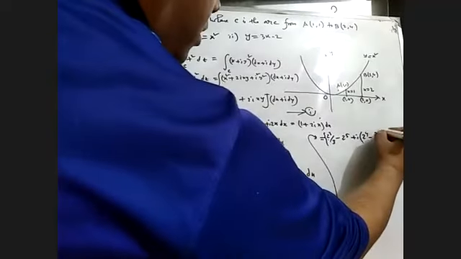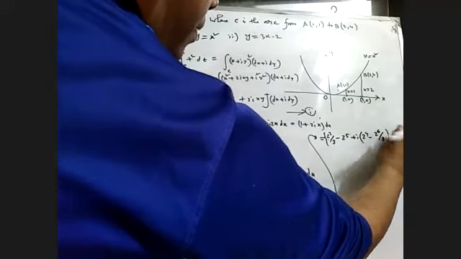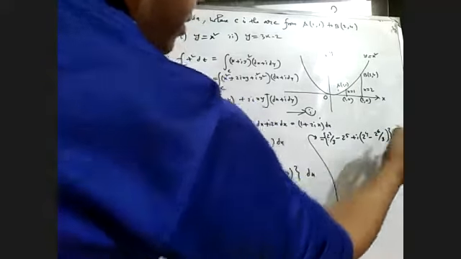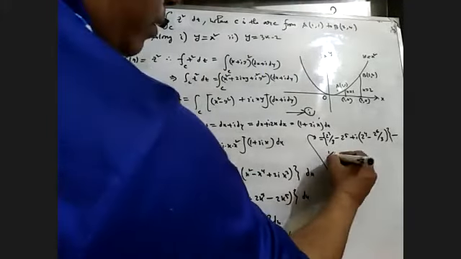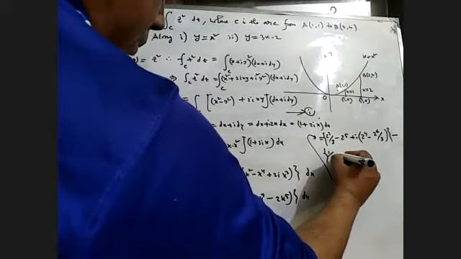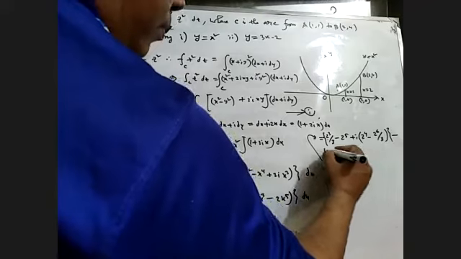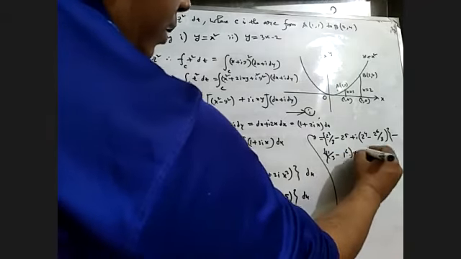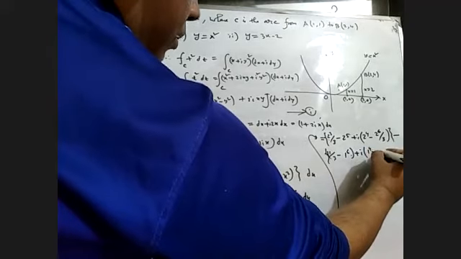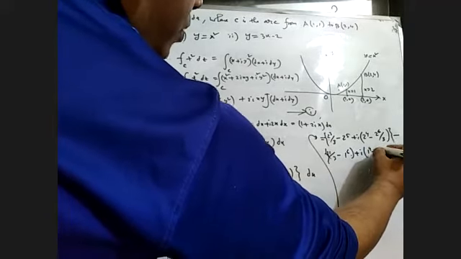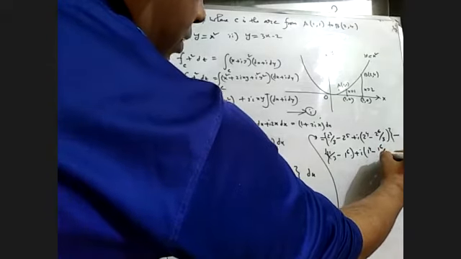So 2 to the power 6 divided by 3, minus putting the lower limit, 1 by 3 minus 1 to the power 6, plus i into 1 to the power 4 minus 1 to the power 6 by 3.